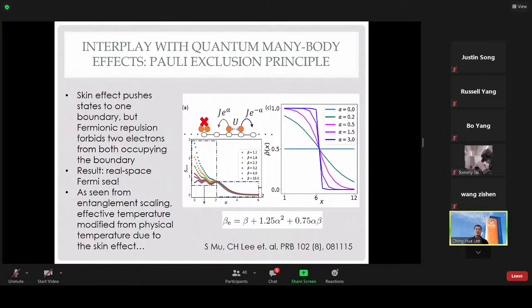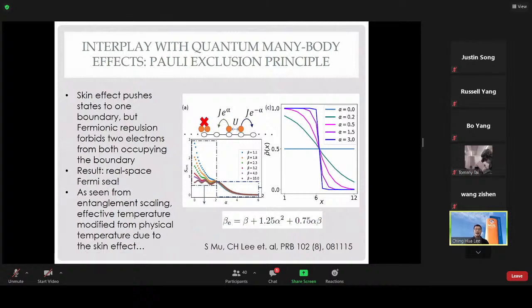And what about interactions and many-body effects? It turns out that non-Hermiticity also has very non-trivial, or even more non-trivial, implications on such systems. So in this paper, we studied the Hatano-Nelson model, which has asymmetric hoppings, with fermions.